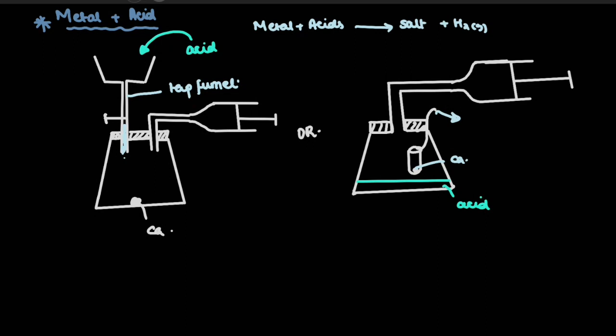now you guys might have a question, why can't we do it like something that, let's just say, this is the beaker, this is the flask, you add the calcium, you add the acid, you close it, and you collect the gas. Well, think about it for a moment.